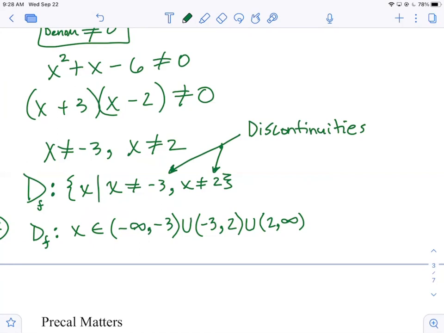So there's some interruption in the graph, and we have to get to the other side of -3. And then it's continuous again. We can cruise all the way up to 2, and then oops, it's not in the domain. So now we have another break in the graph, a discontinuity again, if you will, and then we have to get to the other side. So those are both called discontinuities.